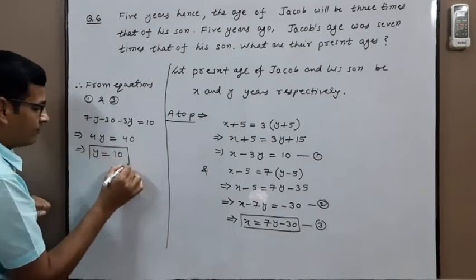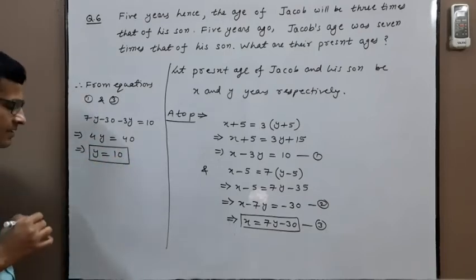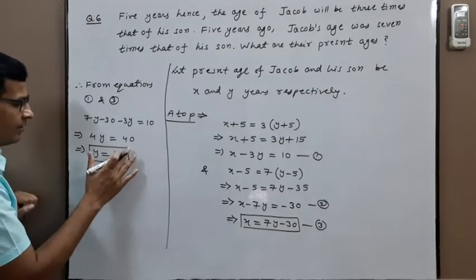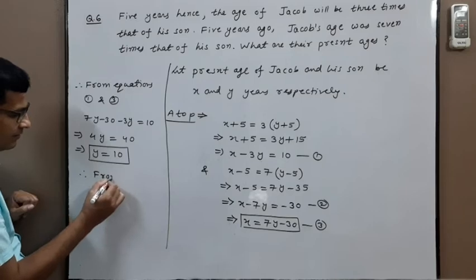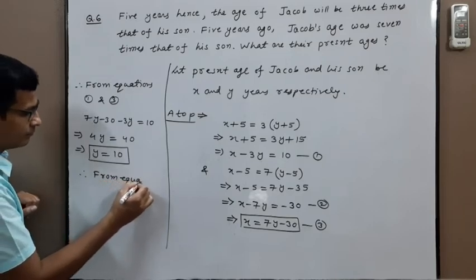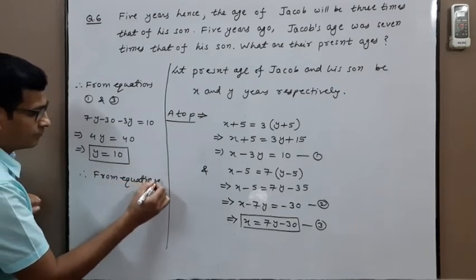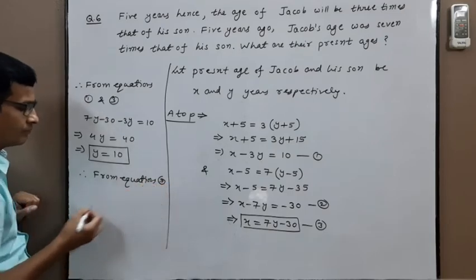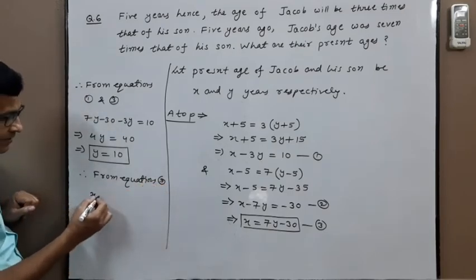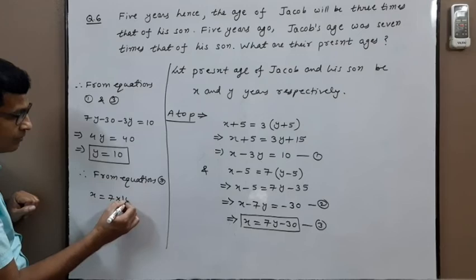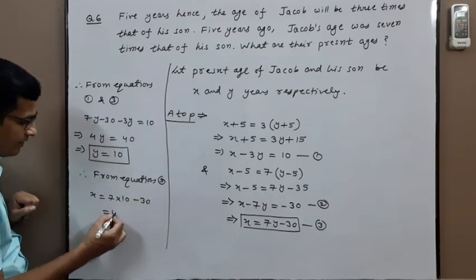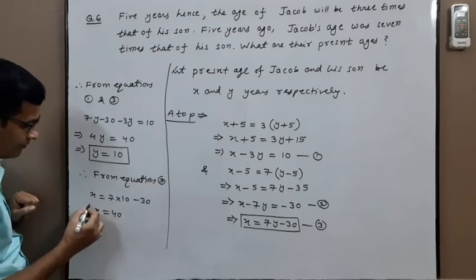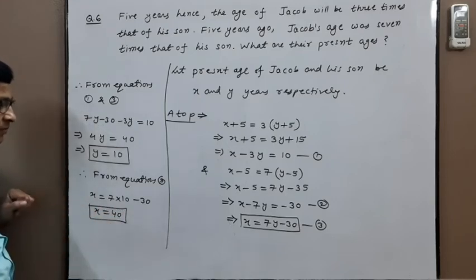So age of Jacob's son is 10 years, y equal to 10. Therefore from equation 3, x is equal to 7 into 10 minus 30. 70 minus 30, 40. So age of Jacob is 40 years.